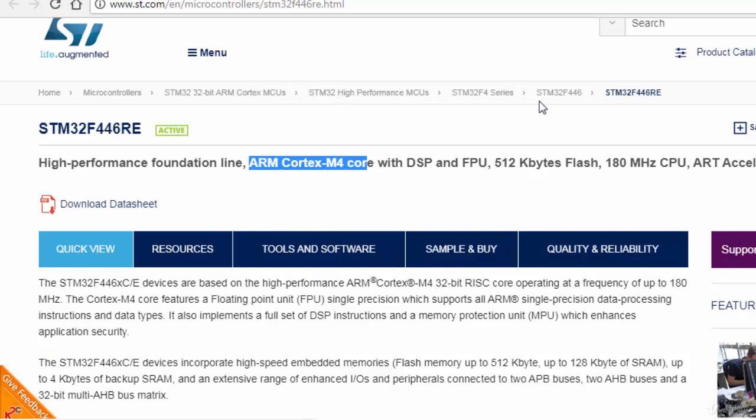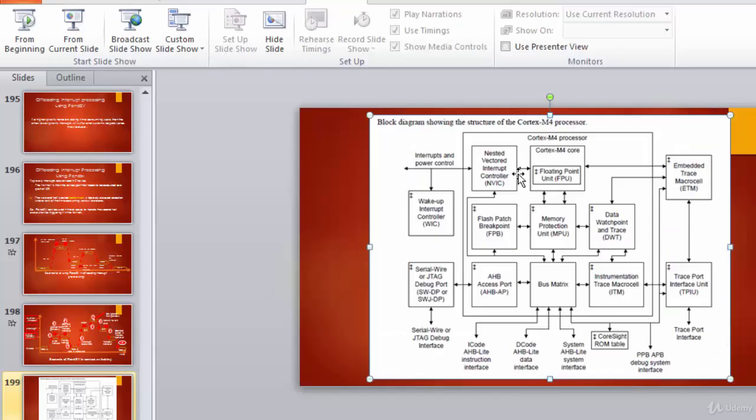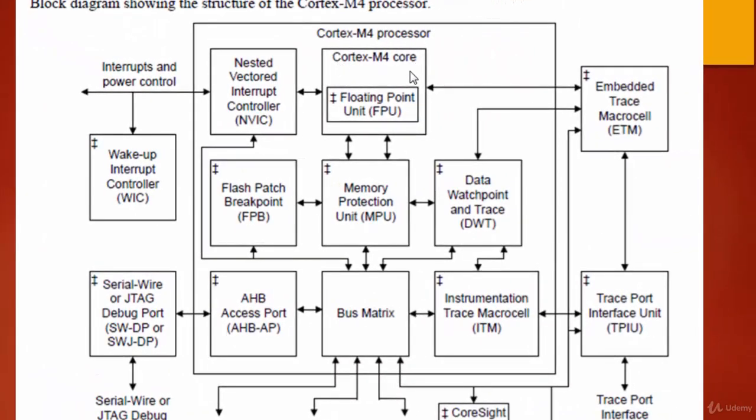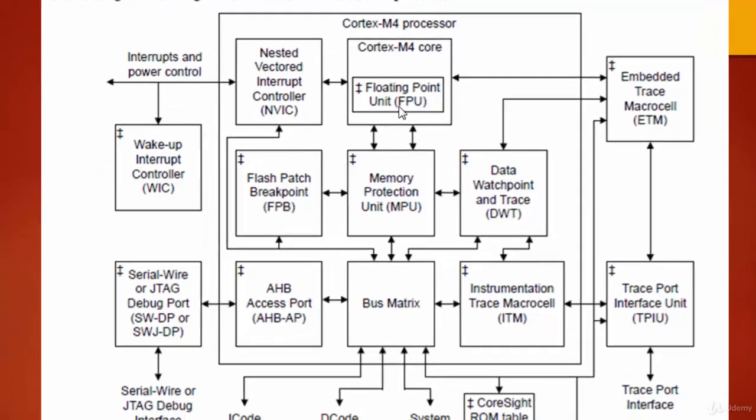If you check your block diagram, you can see that the Cortex-M4 comes with an optional floating point unit. The manufacturer may wish to implement this engine, or they may remove it. So it's highly dependent on the manufacturer; they can include it or they can exclude it.